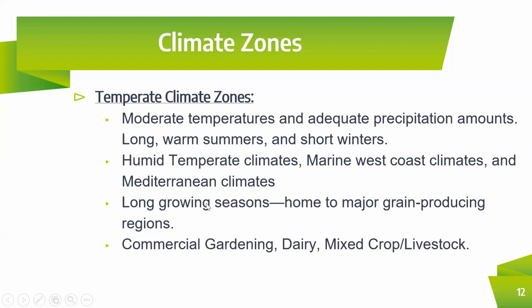Within these zones, you've got long growing seasons, and it's home to some major grain producing regions. The types of extensive and intensive agricultural practices you'll see here include commercial gardening, dairy, and mixed crop and livestock.